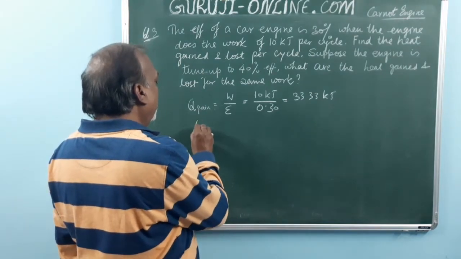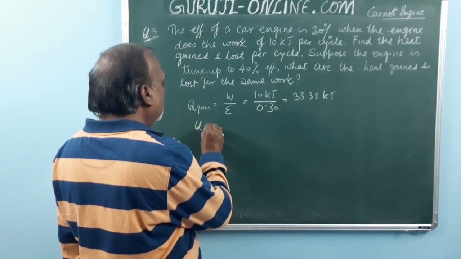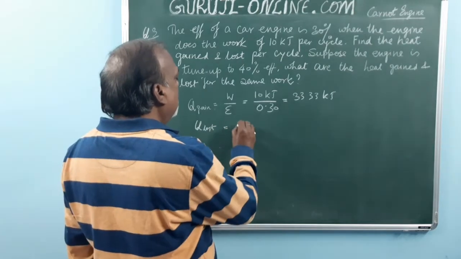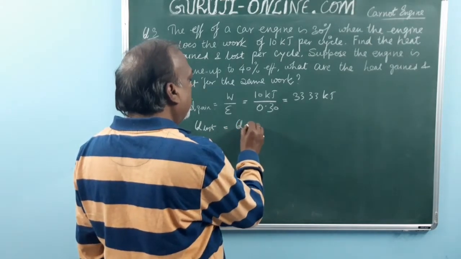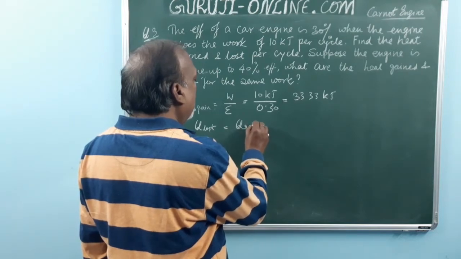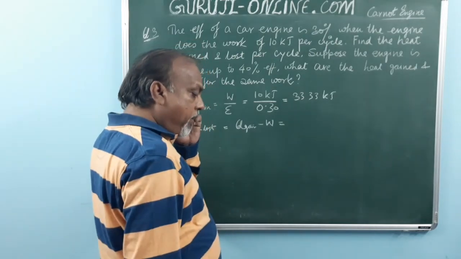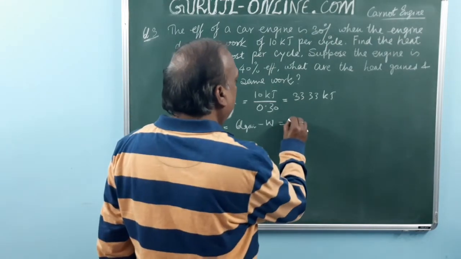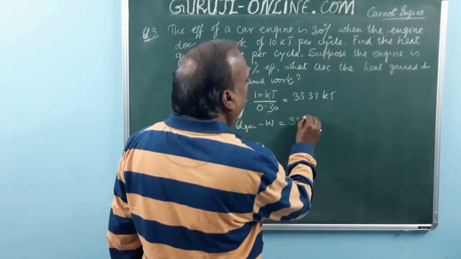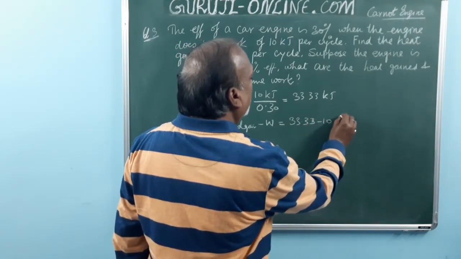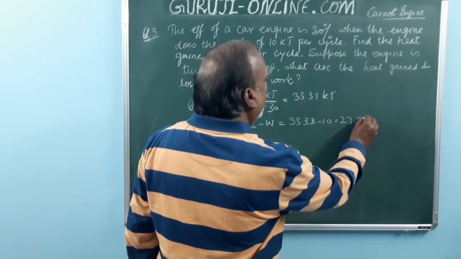Naturally, what will be the heat Q lost? Q gain minus W, it will be 33.33 minus 10, which is 23.33 kJ.